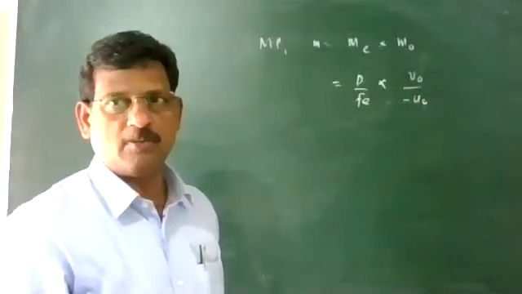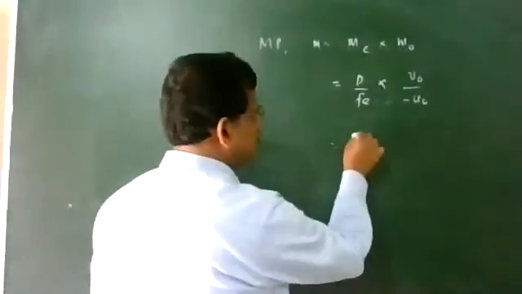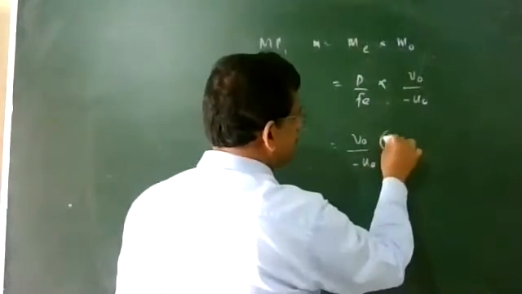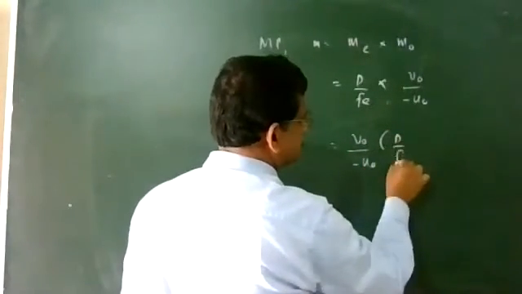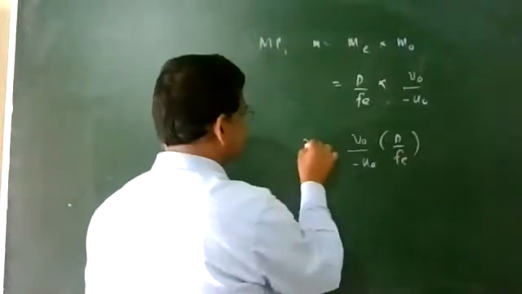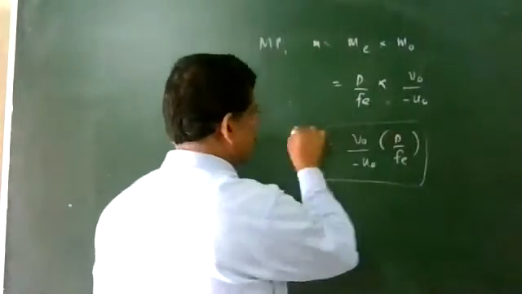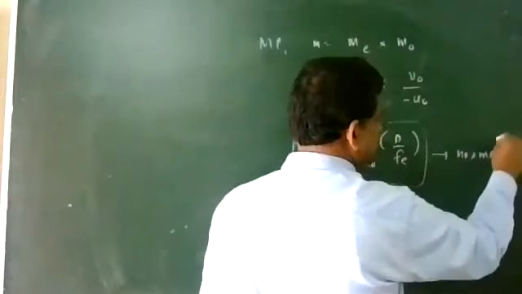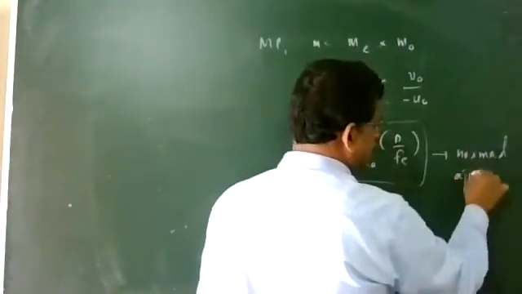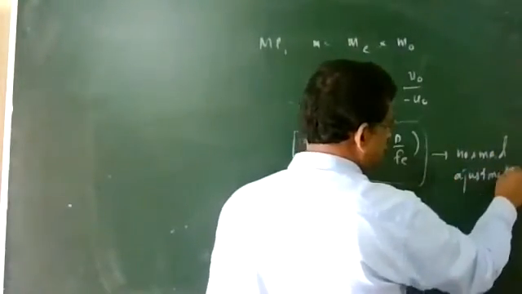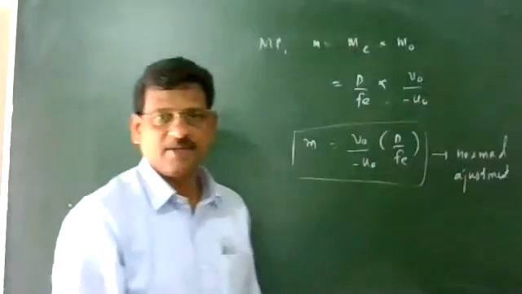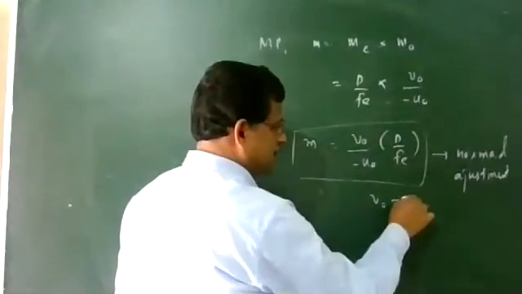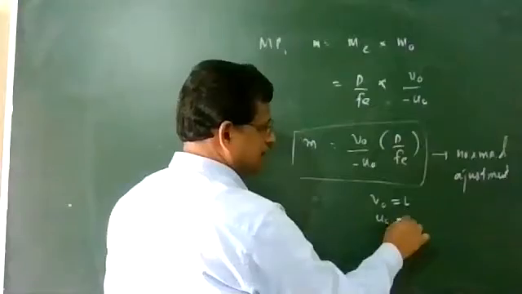Normal adjustment in a compound microscope is v naught upon minus u naught into D by f e. Normal adjustment means when the image is formed at infinity. Or v naught can be taken as L, or u naught can be taken as f naught.